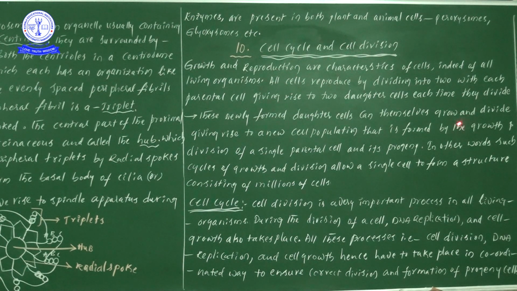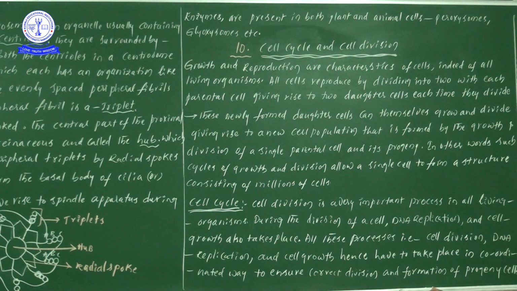These two daughter cells grow first, and later divide, giving rise to a new cell population: one cell, 2 cells, 4, 8, 16, and so on.